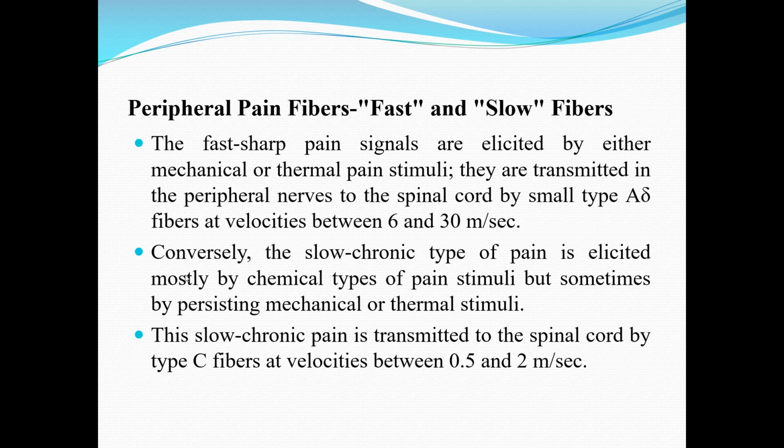Velocity is 6 to 30 meters per second. The slow pain is elicited mostly by chemical stimuli, and sometimes by mechanical or thermal, and it is transmitted by C type fibers, and the velocity is quite low in comparison to the fast ones, around 0.5 to 2 meters per second.